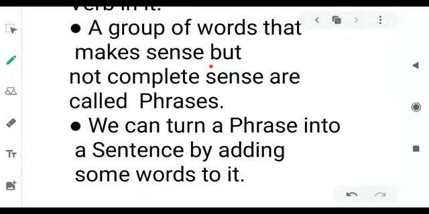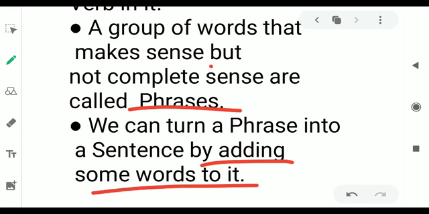A group of words that make sense but not complete sense are called phrases. Fourth point, we can turn a phrase into a sentence by adding some words to it. I hope you all are clear with the meaning and terms and rules related to the terms sentence and phrase.